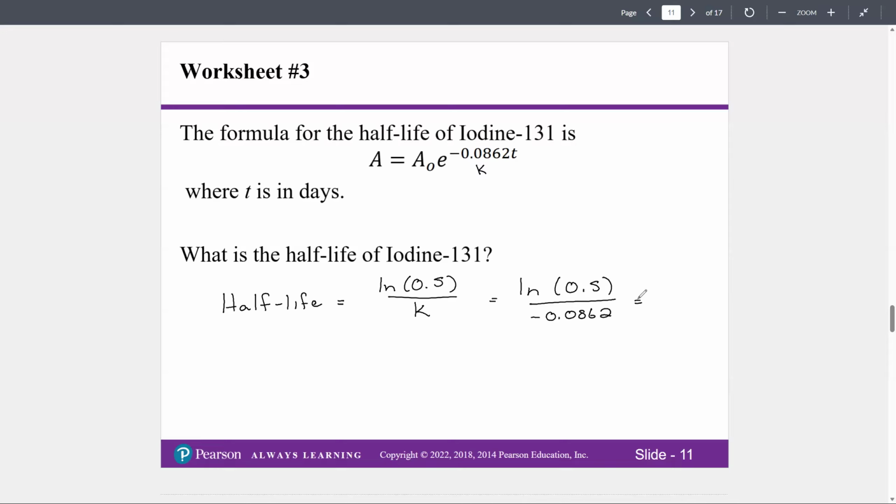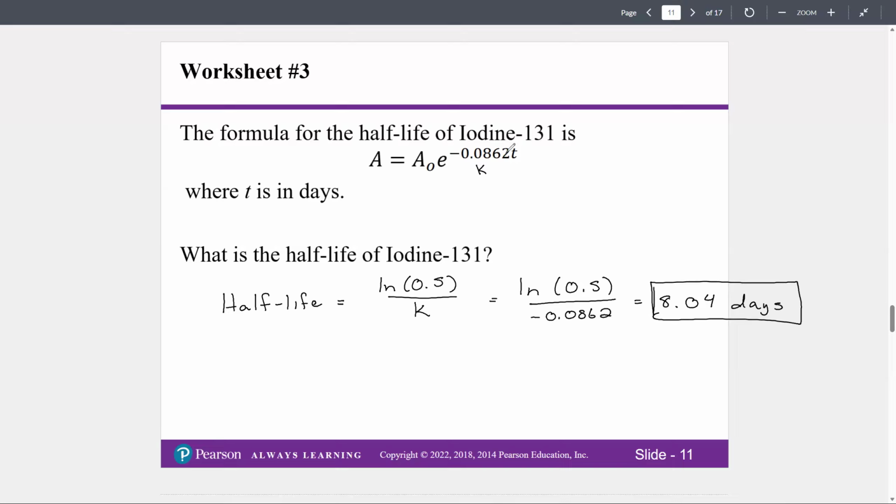So we are going to get 8.04. And we said this is in days. And so when I looked this one up, it was actually just 8 days. So we're rounding our decay rates, so our decay rates are not coming out necessarily exactly.